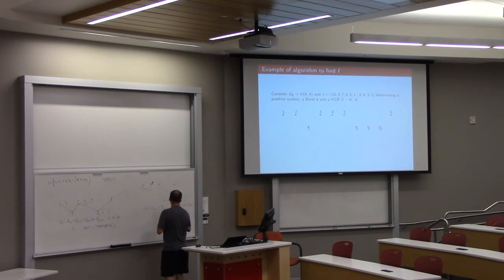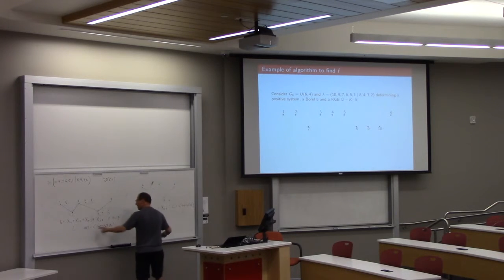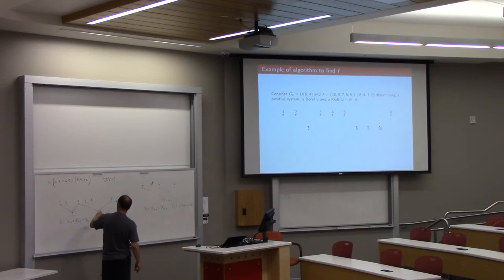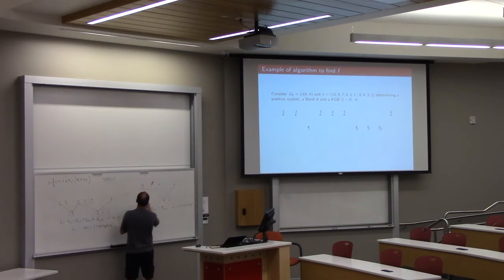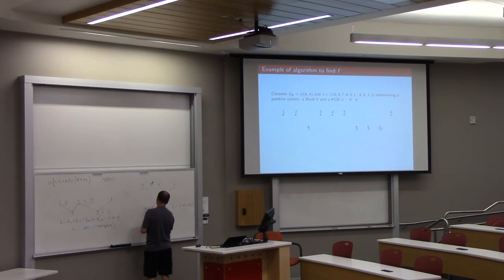And you'll notice that L1 is not contained in L because of 2 minus 4, for instance. That's a 2 here. And then, well, you omit that and you're down to nothing there. 5.